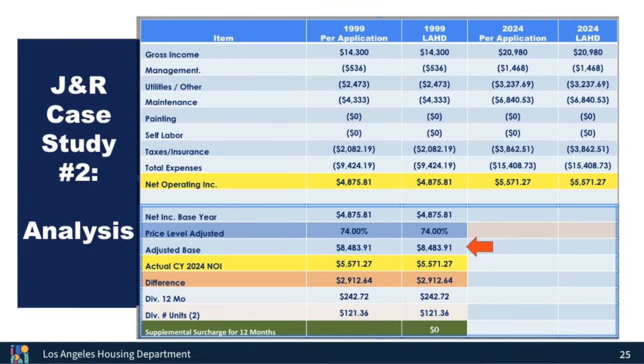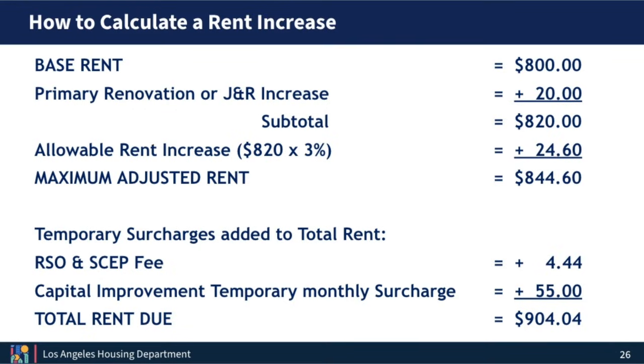Adjusted base year NOI is now $8,483.91 versus current year at $5,571.27. The end result is a permanent rent increase of $121.36, which matches what the applicant had requested.